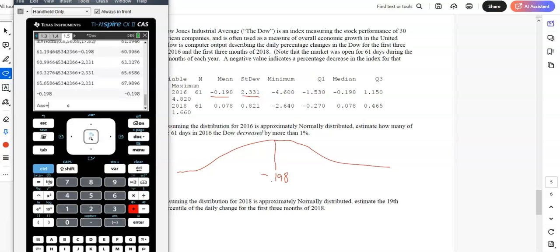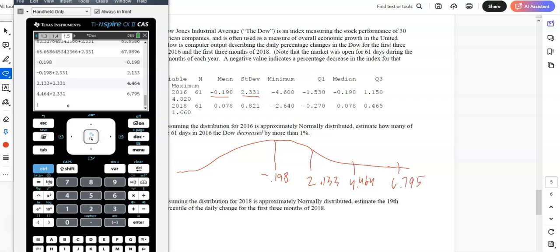And then I'm going to put plus 2.331 3 times. So I get 2.133, 4.464, 6.795.